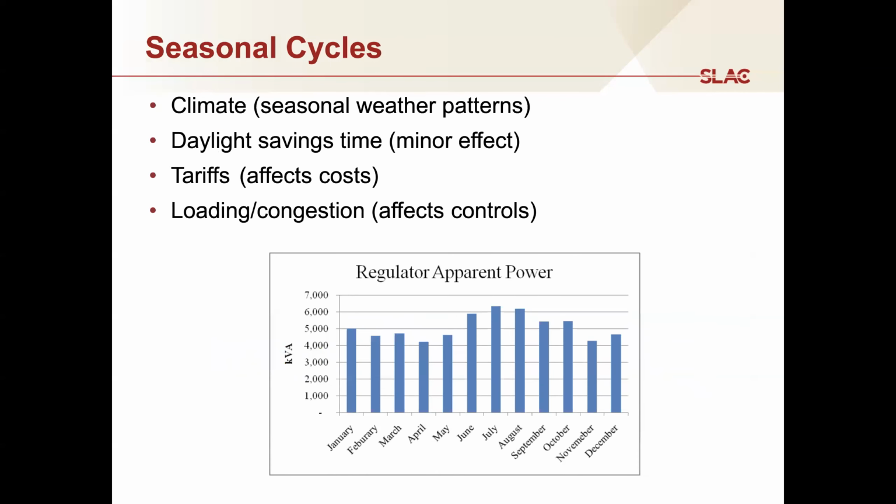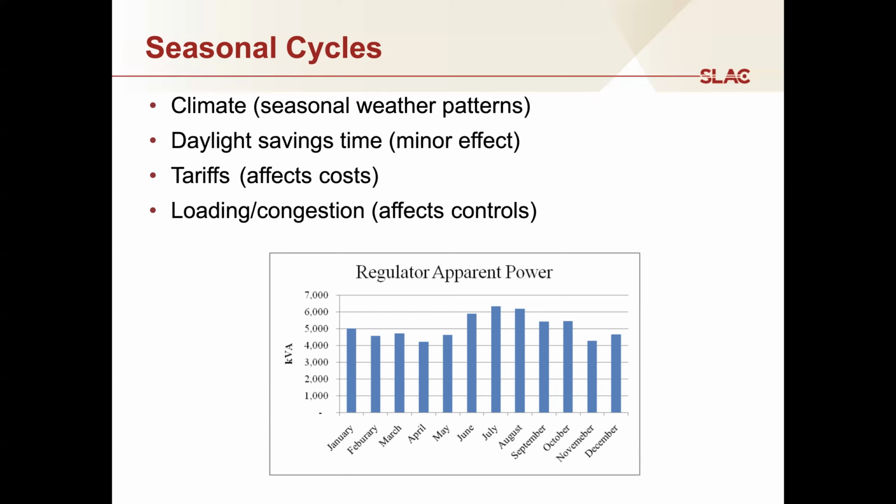So as I said, seasonal cycles are also present in the data that's used by GridLAB-D. Daylight savings time is handled, although its contribution to outcomes is generally pretty minor. It does show up, and it can definitely be an issue when you're bringing data in from other sources, since not every source handles daylight savings time the same way. And we'll talk about that at some length as well.